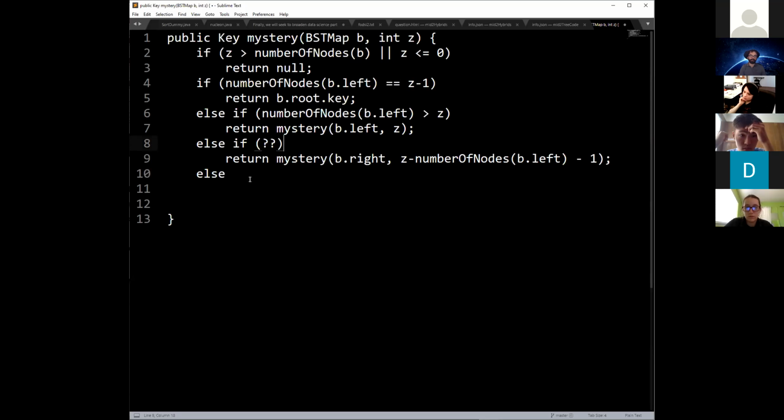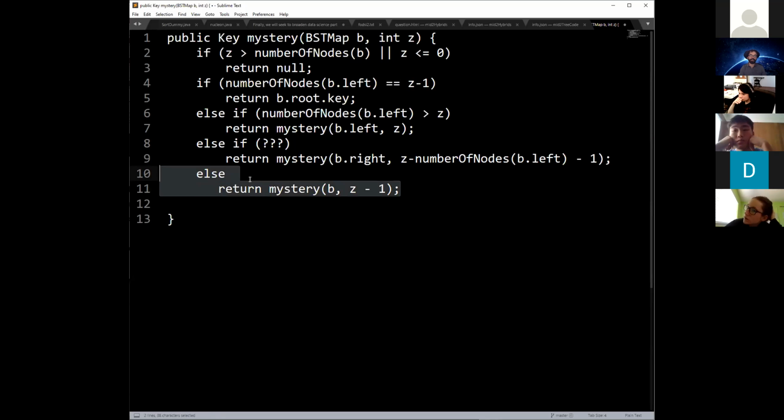So what I just added, actually, I'll show you the change. Let's say it looked like, I don't know, blah, blah, blah. Then we had return mystery(B, Z minus 1), whatever.